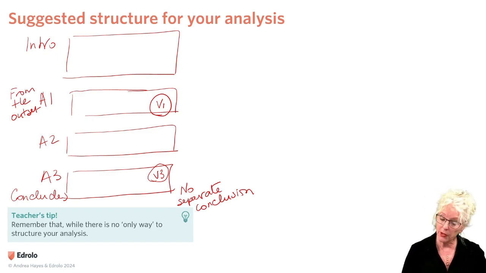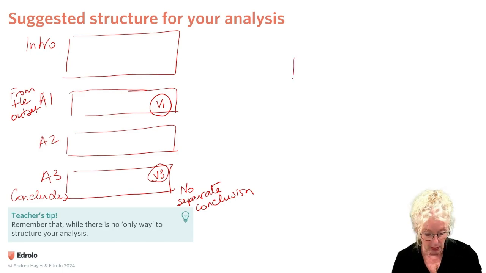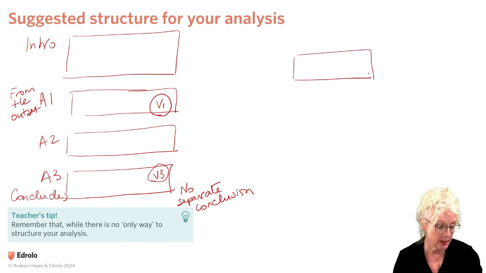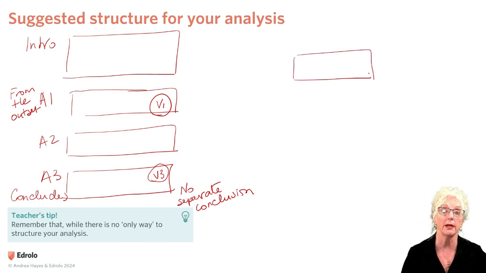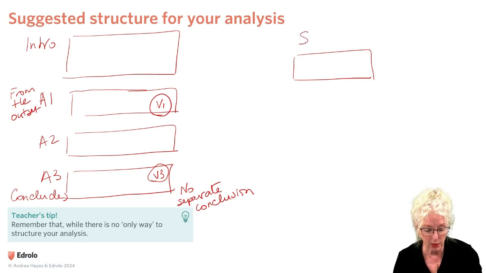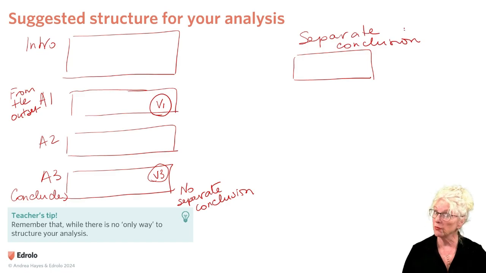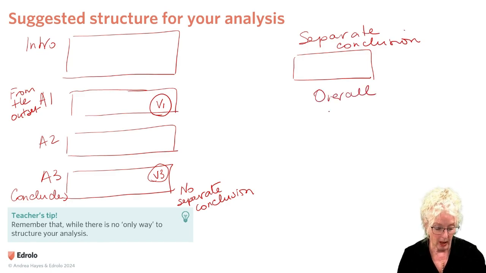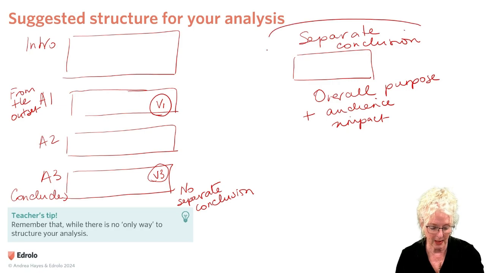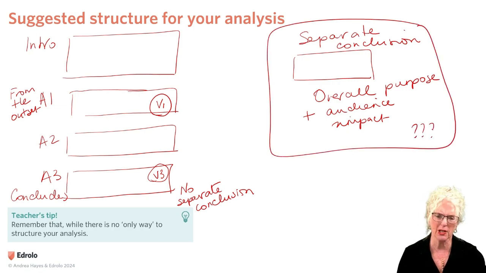If you wanted to have a separate conclusion, you can, but as I say, it is not needed, and this is reiterated in examination reports. If you did want to have a separate conclusion, keep it really, really brief, maybe, and just address maybe overall purpose and audience impact, but no repeating. And think about whether you actually need it or not. You don't in this case.